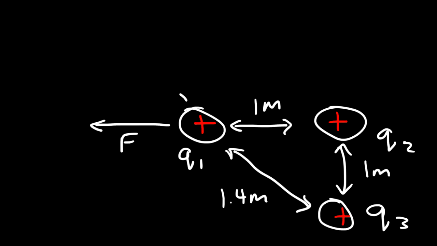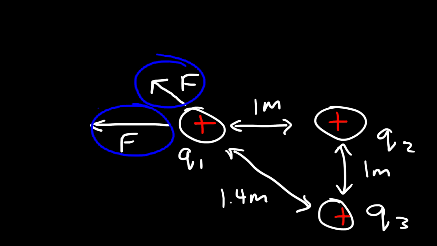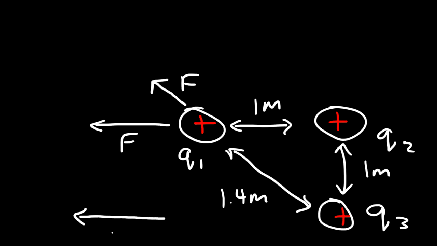So I'm just going to make that vector smaller. Now, if we were to combine these two vectors, what would we get? One way to add vectors graphically is to draw them from head to tail. So if we draw the first vector, which is going to be longer, let's call this F2 because it was based on charge 2.